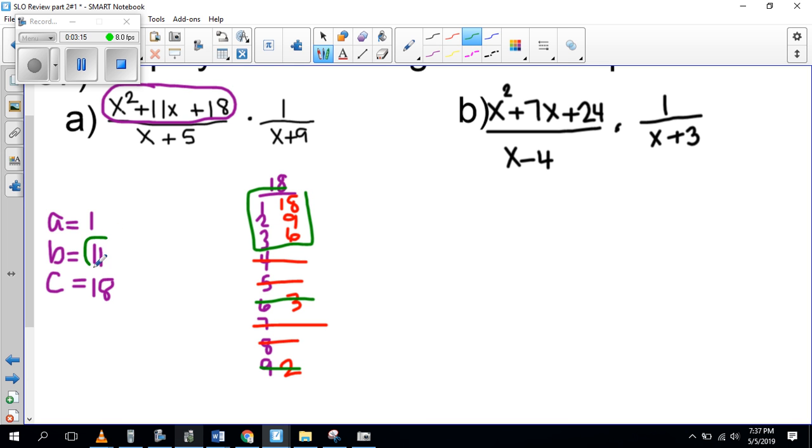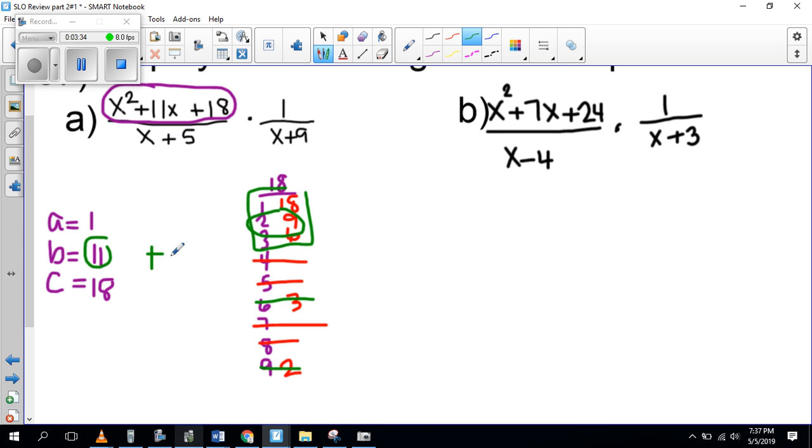And I need the one that's going to give me 11. So I know 1 and 18, no way in the world it can give me 11 if I add it or subtract it. 2 and 9. 2 plus 9 is 11. Okay? So we're going to use 2 and 9. We need to figure out how we're going to get a positive 11.